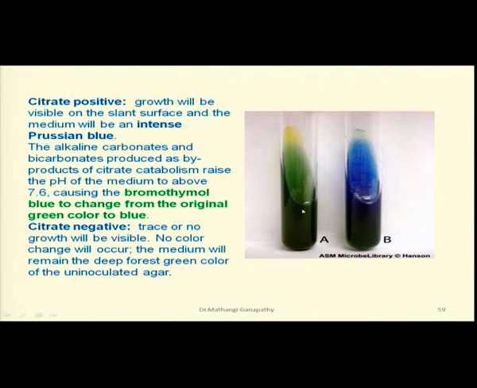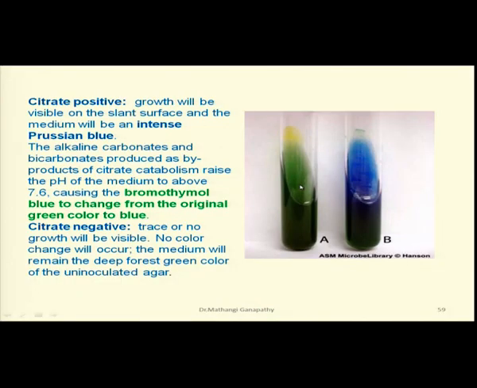So, if your microbe is capable of utilizing both the citrate and the inorganic ammonium hydrogen phosphate which is present, because of the metabolic reaction and the byproducts which are formed, the pH will increase to above 7.6, sorry, alkalinity will increase. Based on this, the medium will change from this deep green into Prussian blue.